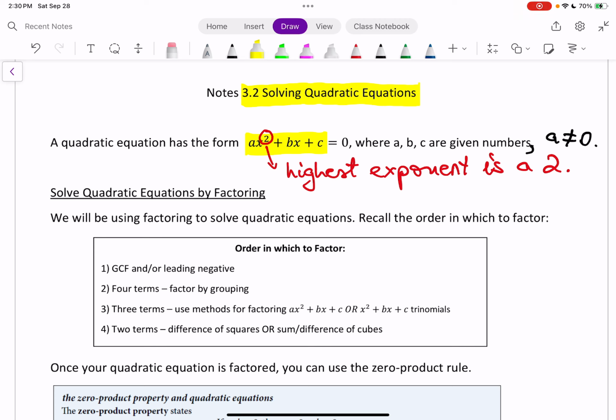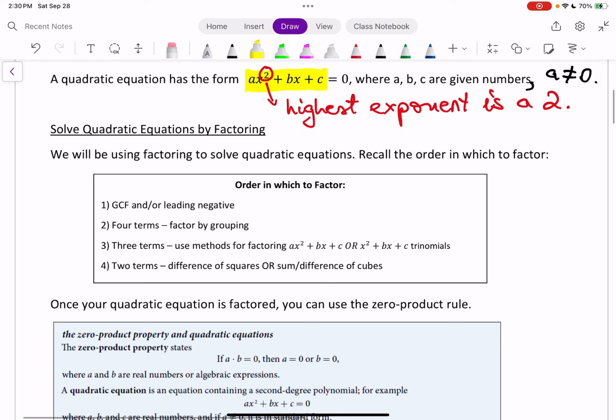So if you need any more help with factoring, I very much suggest that you read that section as well. And get familiar, because factoring is going to be very important, not just in this chapter, but in many chapters to follow.